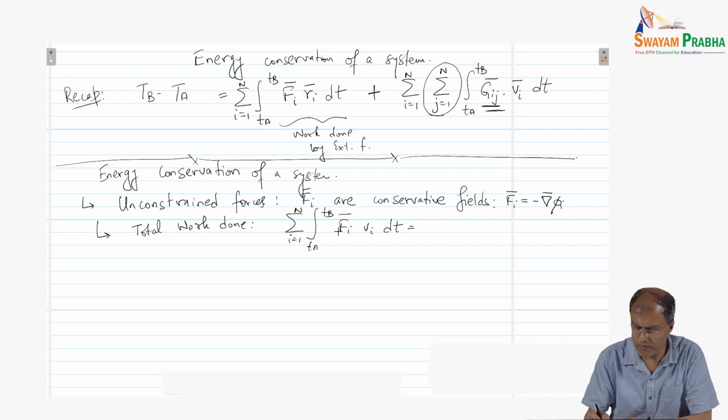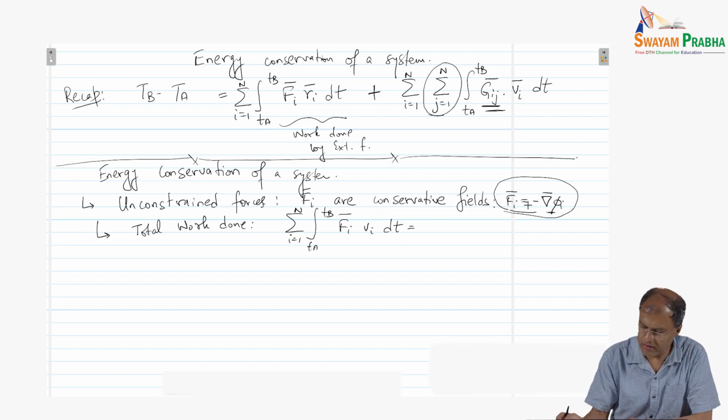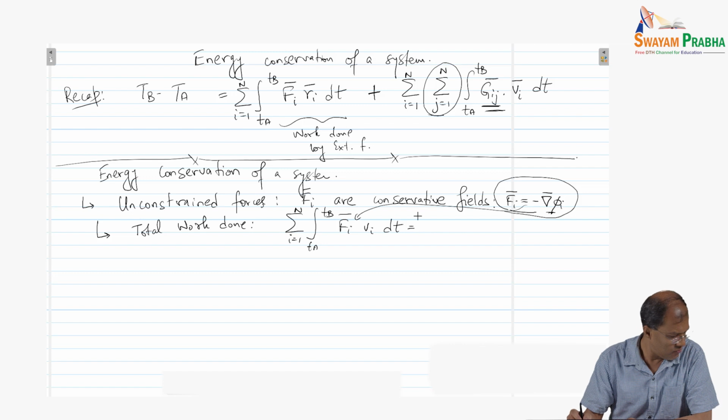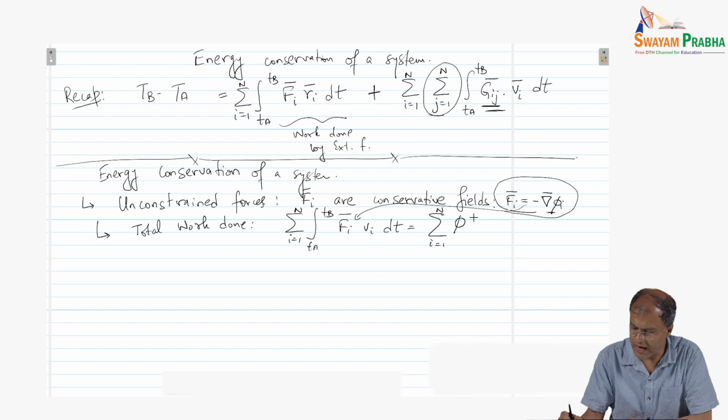Now we are going to use the fact that the force fields can be represented in the form of a potential function, and let us plug this information into this integral. We see that when we plug it in and also use the integration, we are going to get the following form of this total work done. We see that this is phi at position at configuration Ra minus phi at Rb.